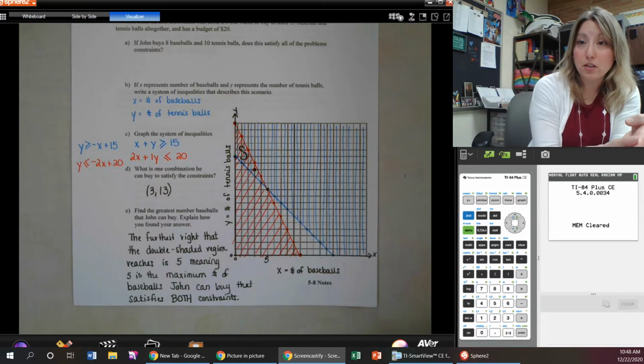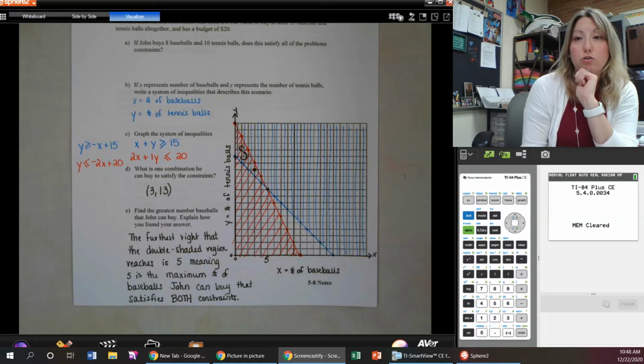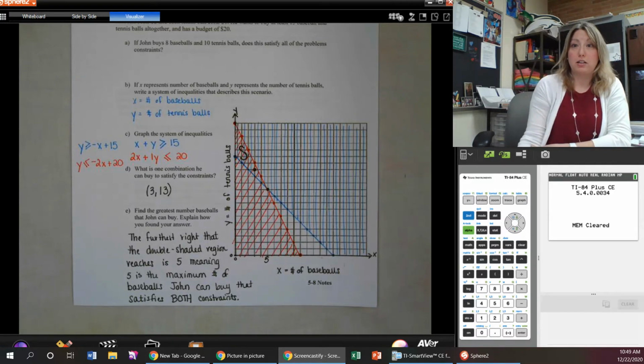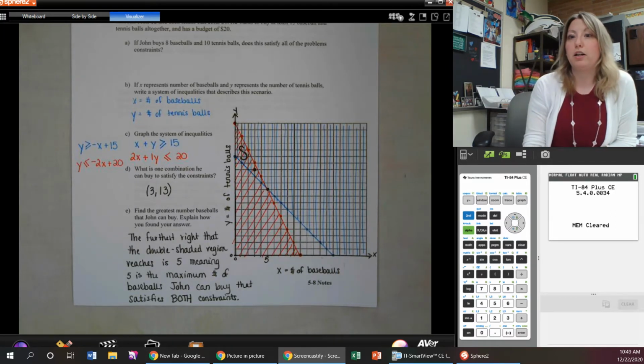If those pieces, the getting the shaded regions and putting them on the graphs, are still confusing, that's when you'll want to go back and do the extra lesson for the extra practice for chapter 5, lesson 7, where we did our systems and put them on the graph. You'd want to do extra practice and run it by me to make sure you were doing it correct.